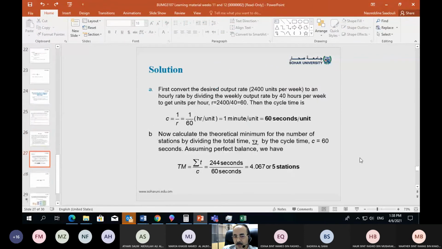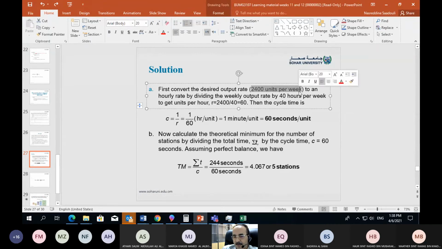So that's what we did. 2,400 units per week, 40 hours in a week, so R, the desired output rate, is therefore 60 per hour. It's 60 units per hour. So the cycle time is 1 over R, which is 1 over 60 hours per unit, which is the same as 1 minute per unit, or 60 seconds per unit.